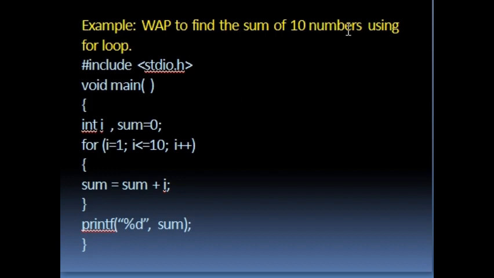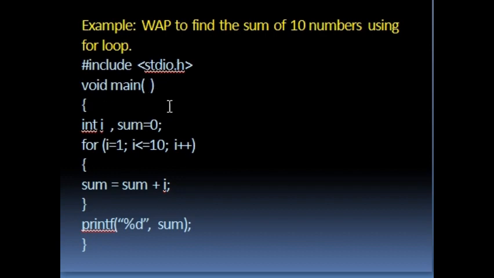Example: sum of 10 numbers using for loop. See here, #include <stdio.h>. I said already, it is a prerequisite; these prerequisite commands are there. Here stdio is nothing but the standard input output header file.